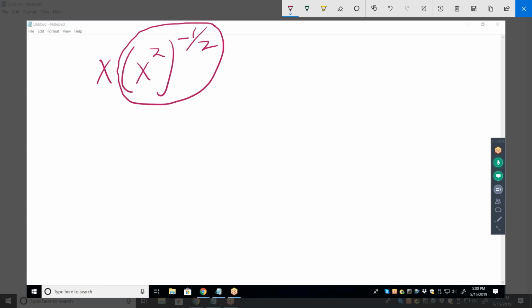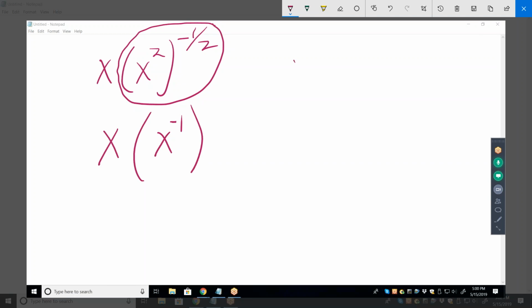What do you do with the exponents? Multiply it. Yes. You multiply them together. And what you get when you do that is that, correct? Yes. Okay.